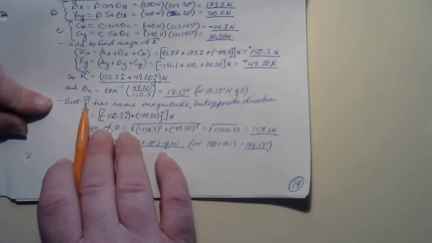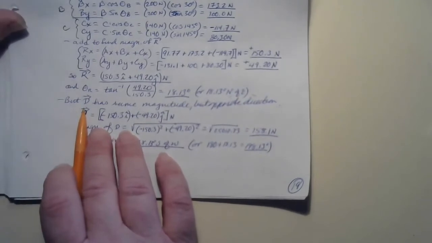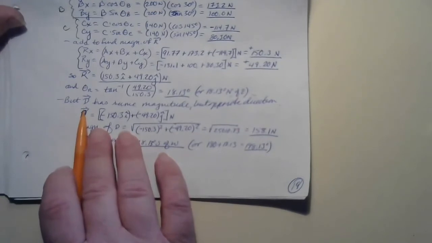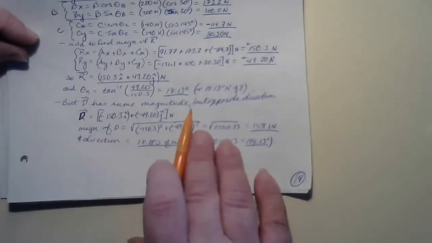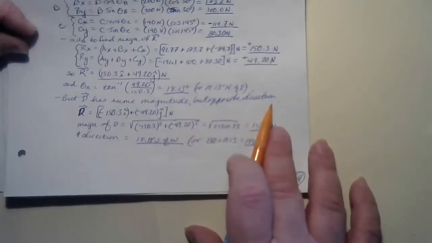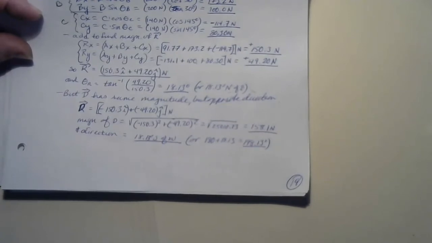Dog D, if he is going to pull with enough force and in a direction to counteract that resultant, that means that the vector for dog D has to have the same magnitude but the opposite direction. Remember with vectors we indicate direction as positive or negative.